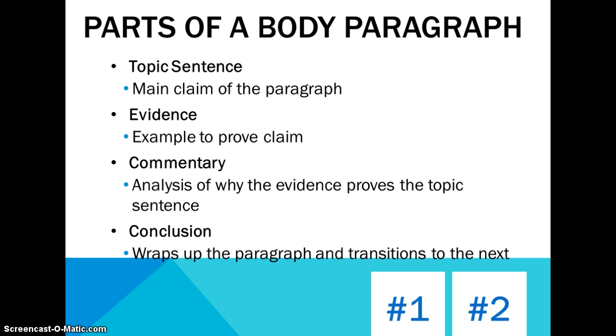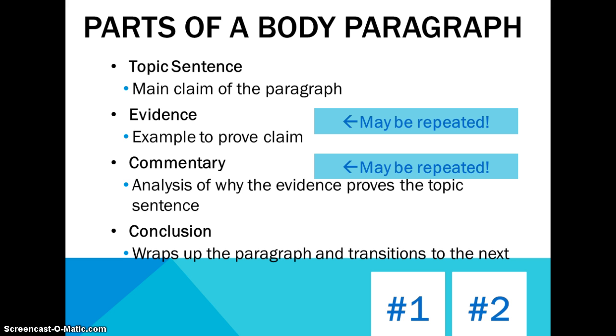You can also answer question number 2, because of the minimum number of sentences. I would hope that by now you should have more, but obviously there's 4 parts, so minimum of 4 sentences and 4 parts in that body paragraph. Also, if you'd like to put a star next to both evidence and commentary, it's important to note that those can both be repeated.